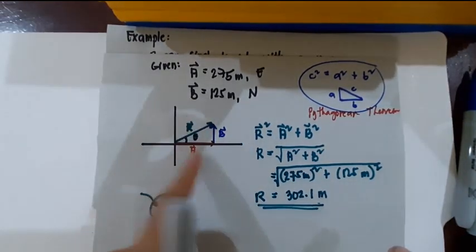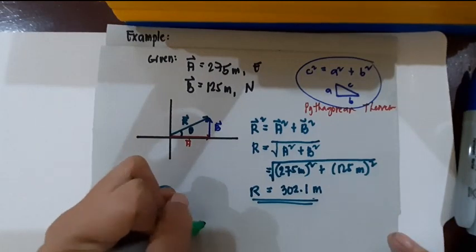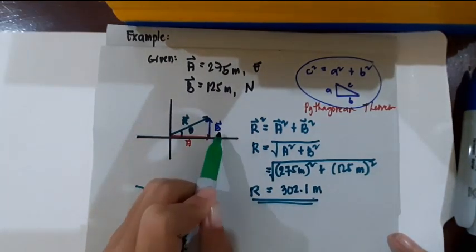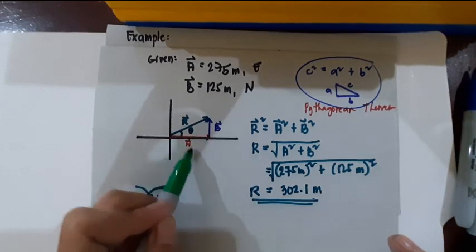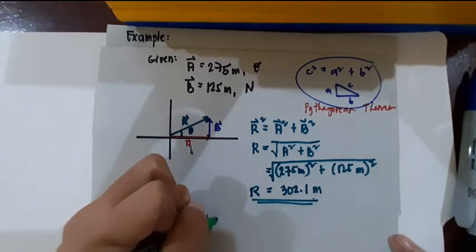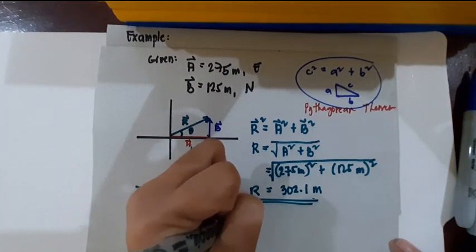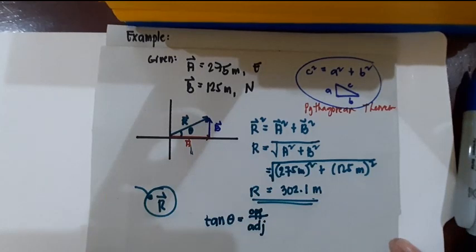Let's say this is your angle theta. We consider angle theta as the direction. You are given an opposite side, opposite of theta, and an adjacent side. So we can use your tangent: tan theta equals opposite over adjacent. That's from your SOHCAHTOA.